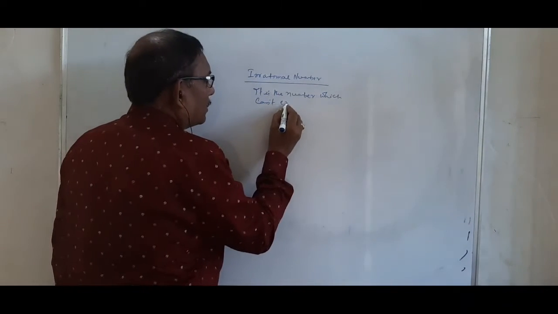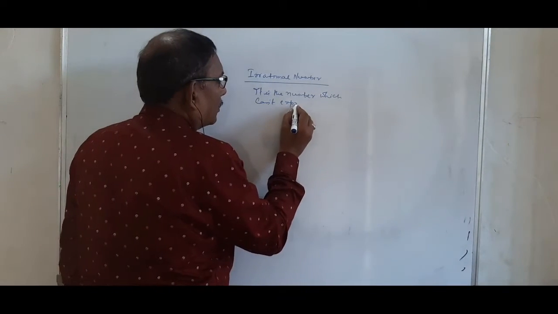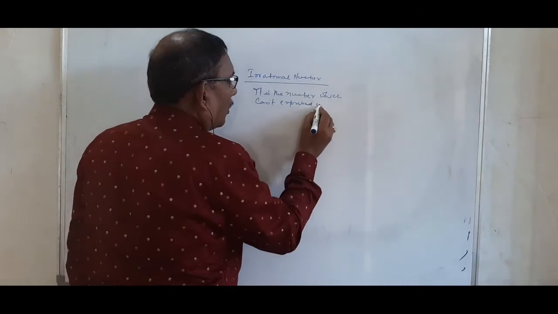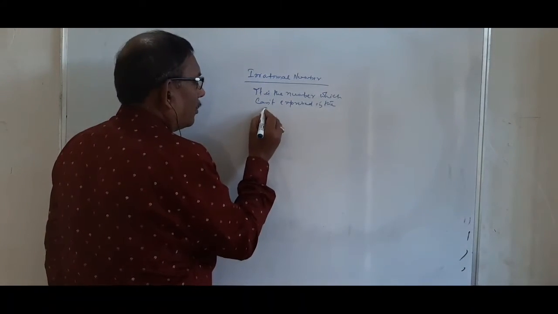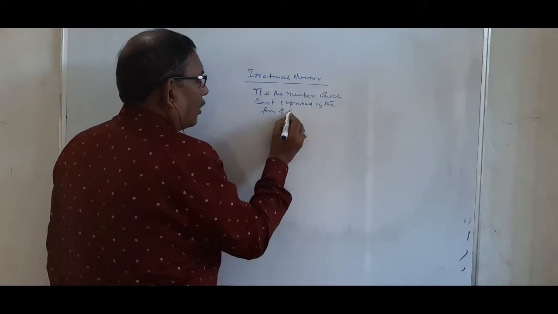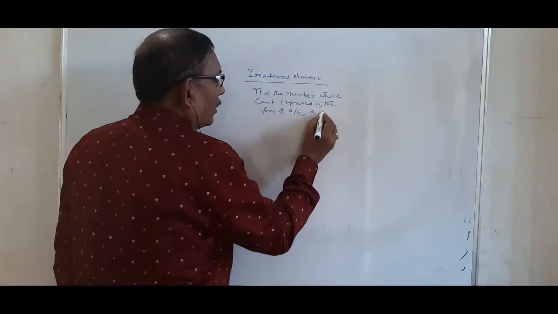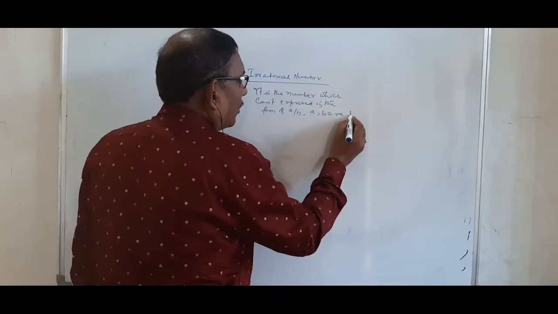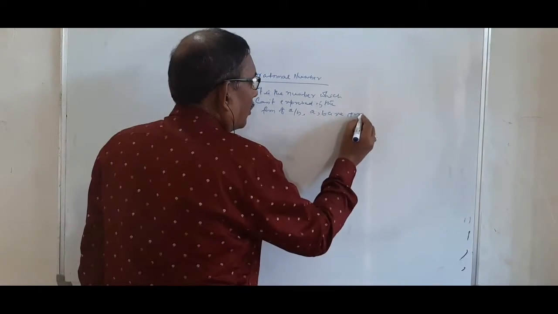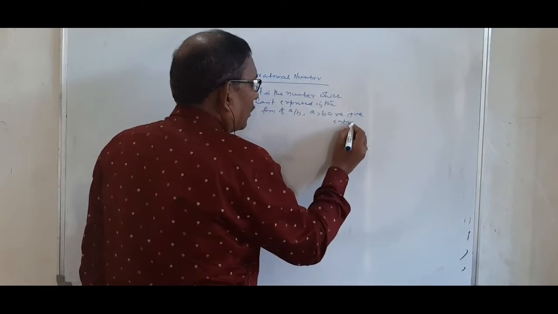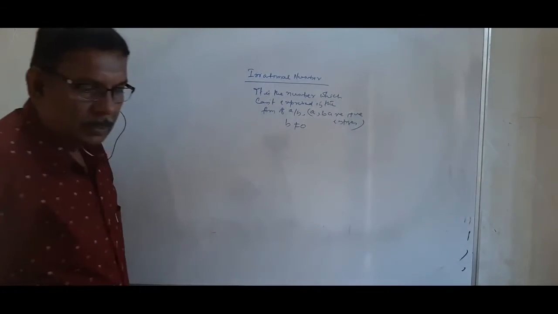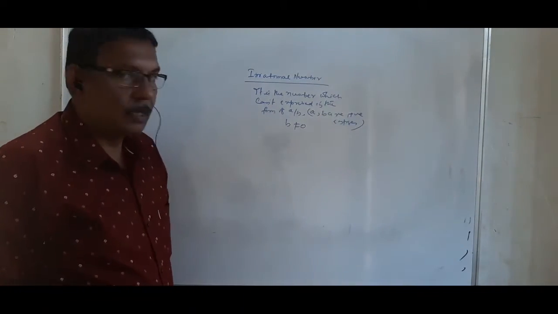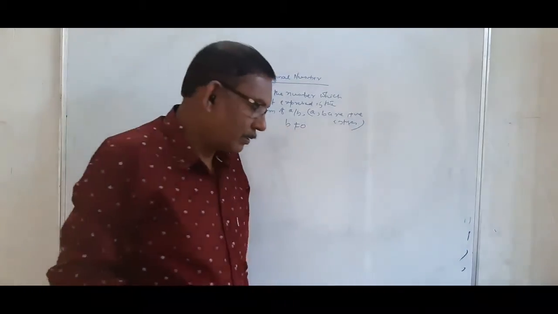So this is the definition of an irrational number.